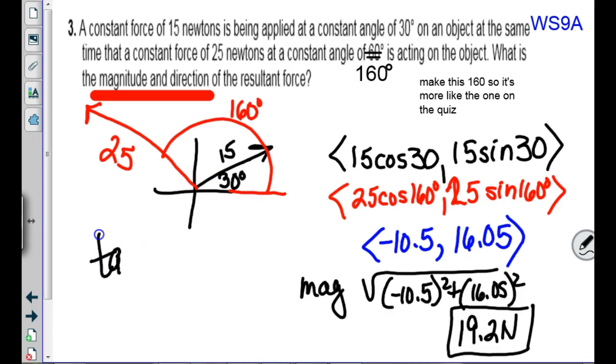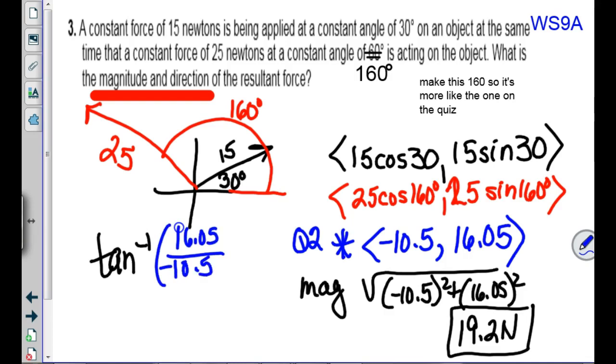So we do inverse tangent. Now, where did this wind up? Our resultant right here was in quadrant what? 2. Okay, got to make sure that that coincides with our answer here. So we're going to put y over x, and do inverse tangent of y over x.